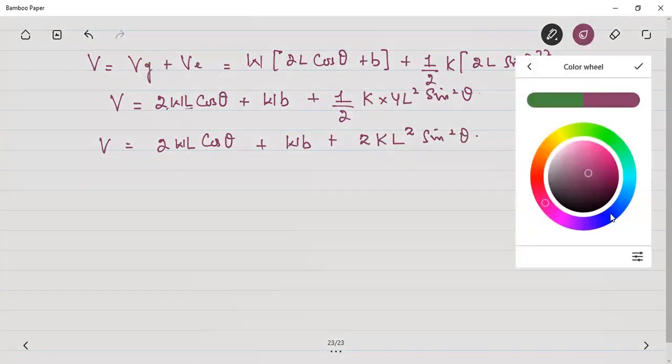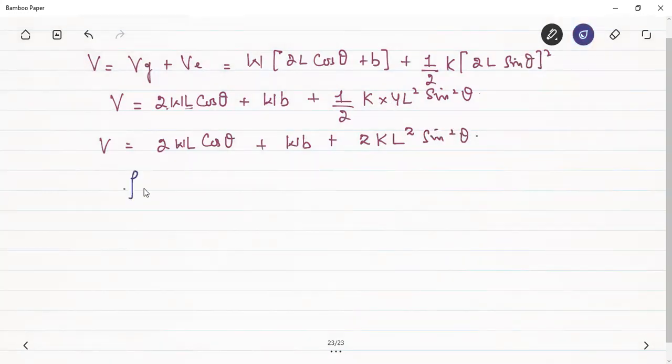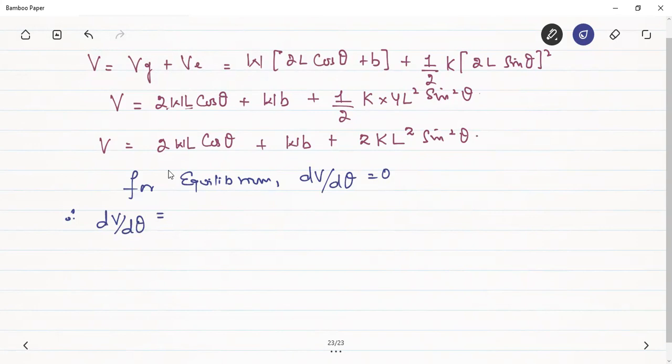Now using the equilibrium criteria, for equilibrium the first derivative of this potential function with respect to theta should be 0. Therefore, if we compute dV by d theta, it will be equal to minus 2WL sine theta. The differentiation of WB is 0 because the weight is constant, and this height b is also constant because the height of the block is constant.